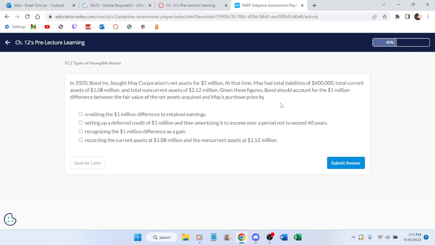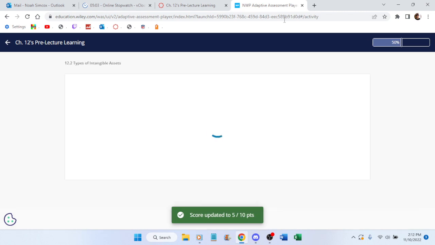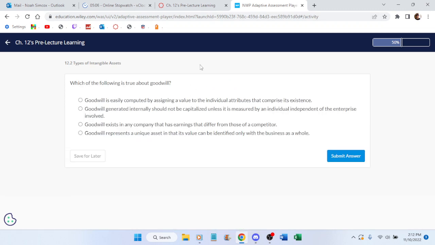Yeah, this is going to take longer than 15 minutes now, isn't it? I have to do math. Okay, 3.6. So $3 million. They bought it for $2 million. It was really worth $3 million. So therefore, this should be a gain, not goodwill. Okay. True.